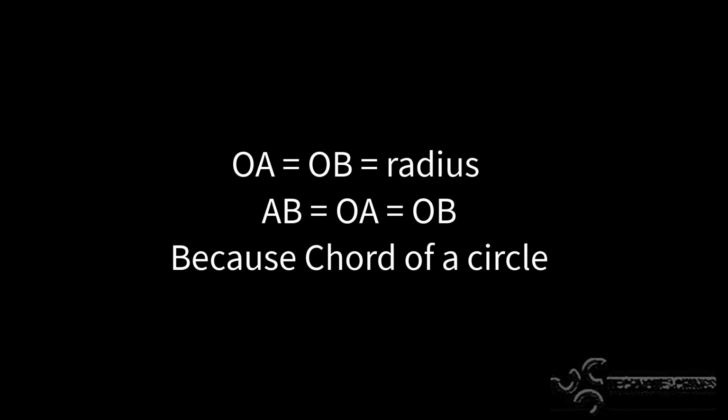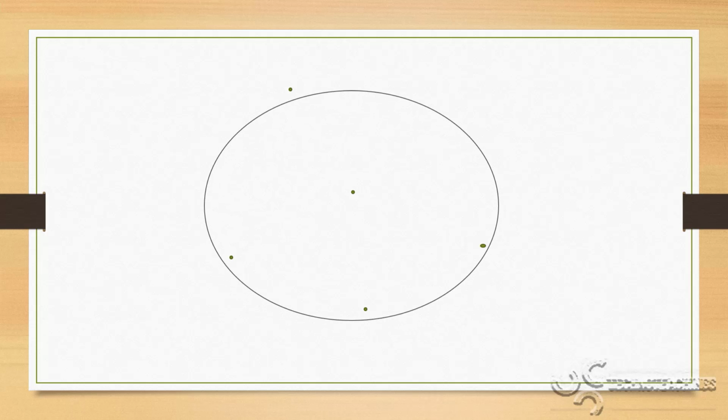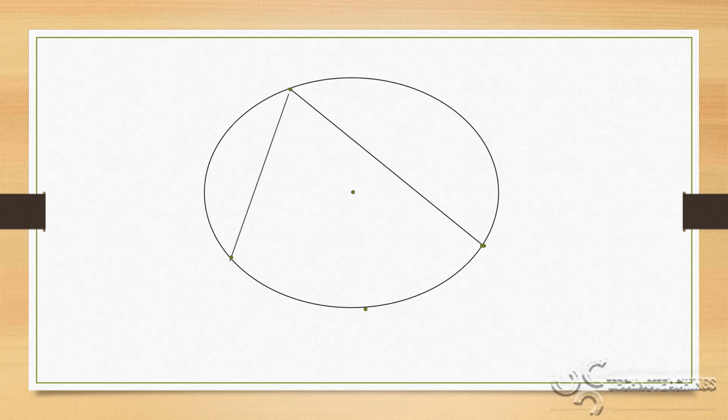In this figure we have OA equals OB as a radius. Therefore AB is equal to OA equals OB. Because it is a chord of a circle, we have a figure on the screen over here.